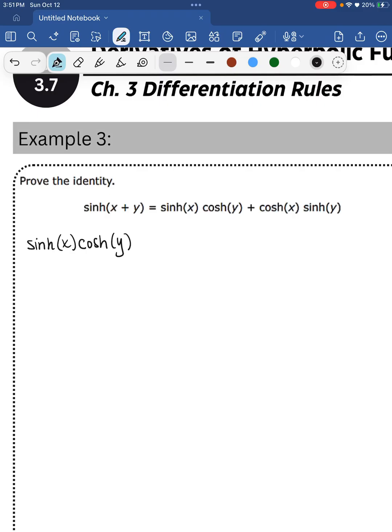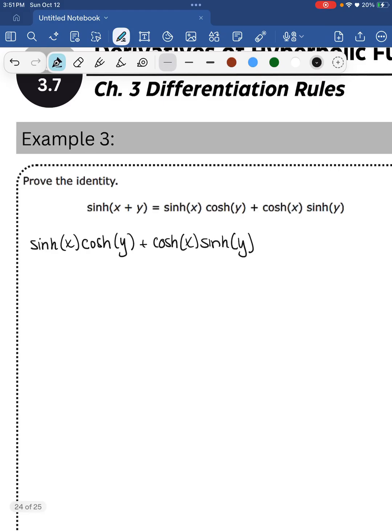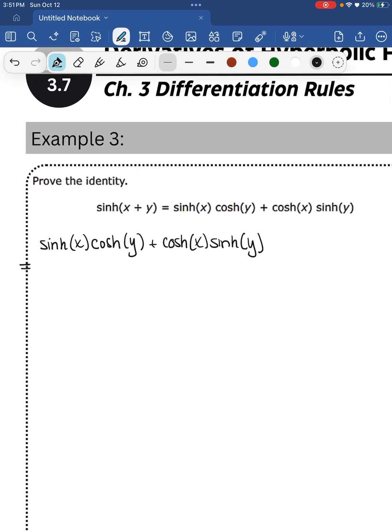And then last but not least, we take negative e to the negative x times e to the negative y, which would put us at negative e to the negative x minus y. And that is not over 2. That's definitely over 4, because 2 times 2. Alright, so this is over 4.